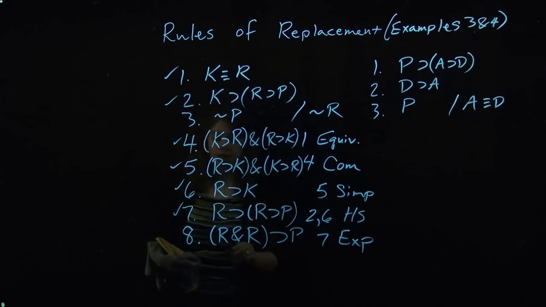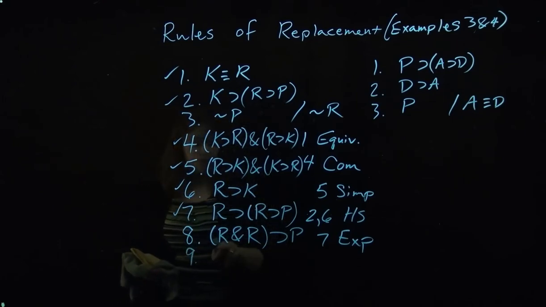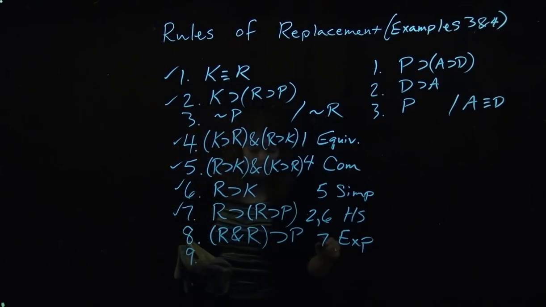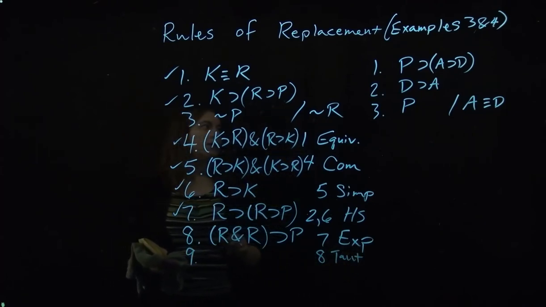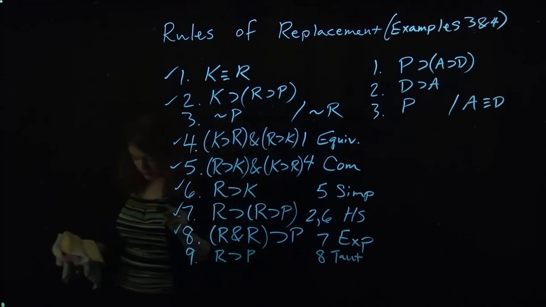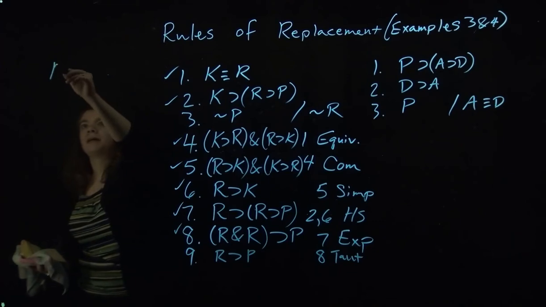Well, before we get to that point, we have a redundancy here, so we know that R and R, if we use on line 8 the rule of tautology, is equivalent to R, and then we have our R horseshoe P. I'm going to go over here real quick just so we have enough space.